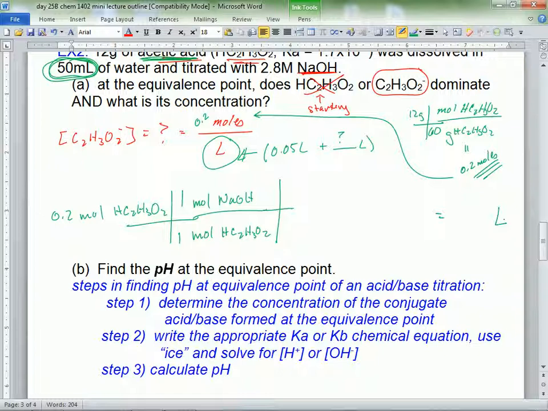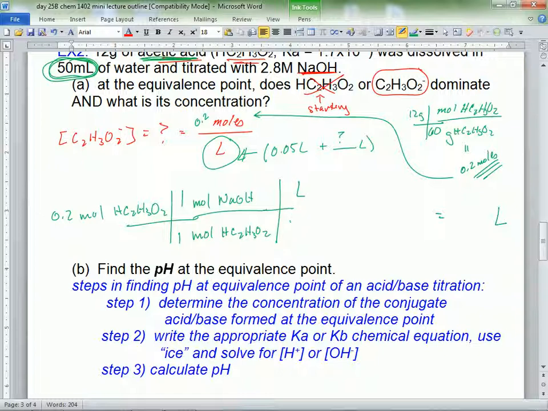We don't want molar mass because that'll give us grams. We want liters. Molarity. All right. So how are we going to write it? 1 liter over 2.8. Exactly.